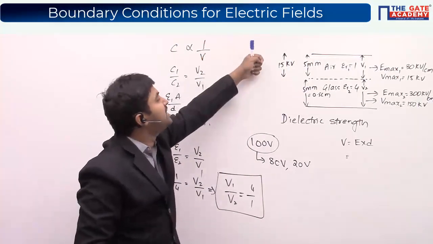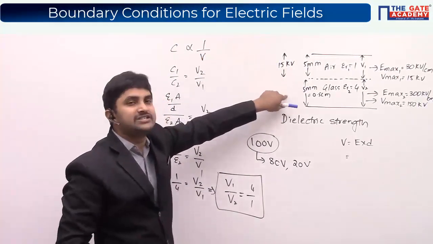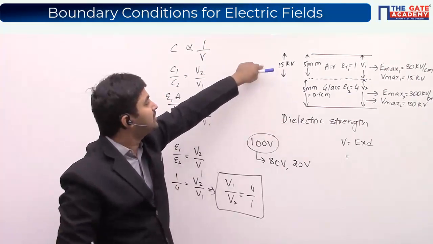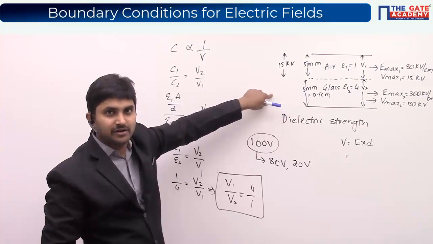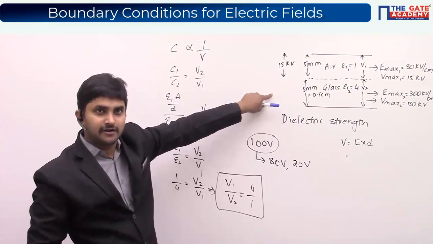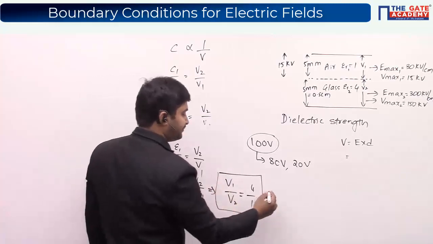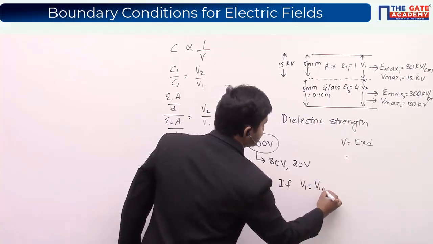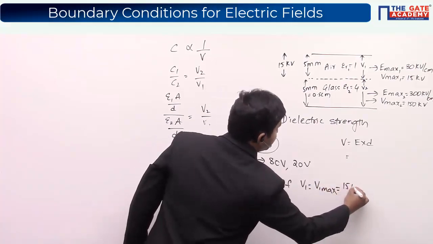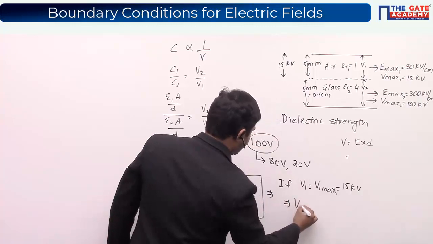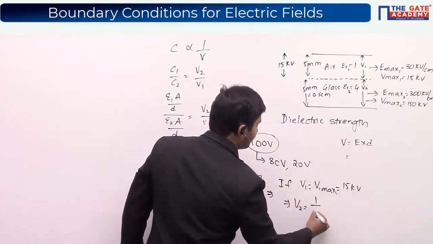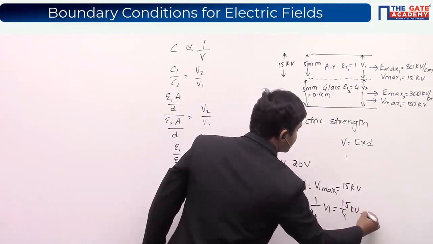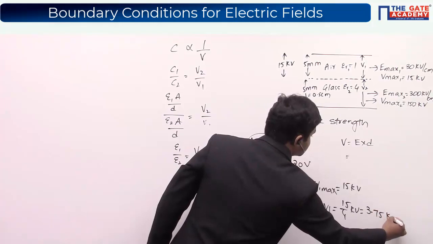Now if I apply 15 kilovolts here, what would be the potential in this one? According to this formula, if V1 max is equal to 15 kilovolts, then V2 will be equal to 1 by 4 of V1, which is 15 by 4, which is nothing but 3.75 kilovolts.